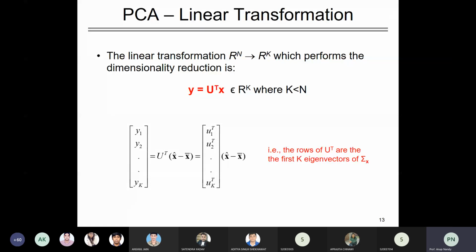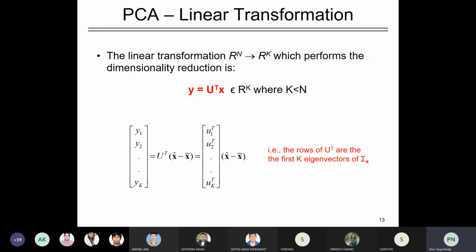Then you can write y1 to yk as none other than U transpose times (x minus x bar), where you have u1 transpose, u2 transpose, up to uk transpose. So the rows of U transpose are the first k eigenvectors.